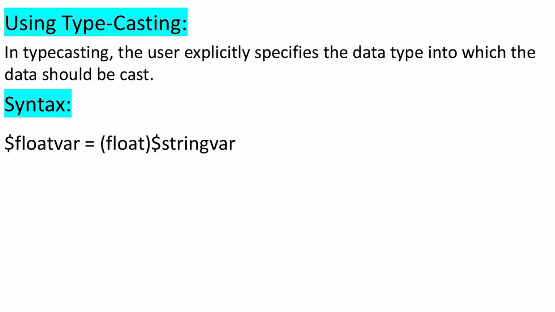In summary, typecasting is a clean and explicit way to convert data in PHP. By using (float) $variable, you ensure accuracy, clarity, and control in your code. It's a best practice to use this method whenever you need guaranteed type conversion, especially in financial, mathematical, or data processing applications where precision and reliability are important.